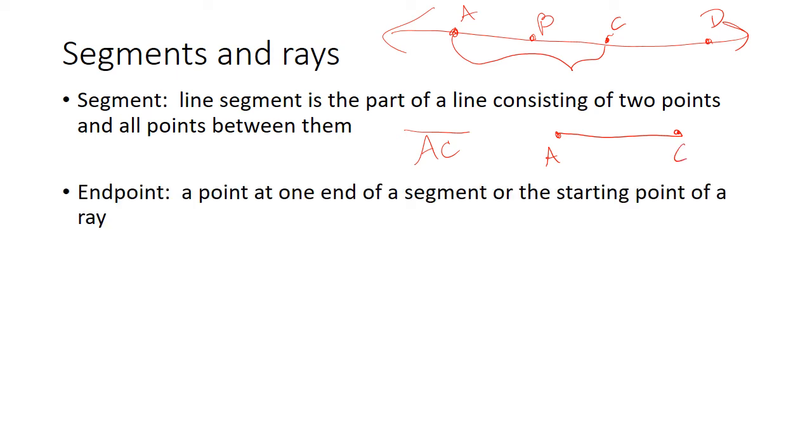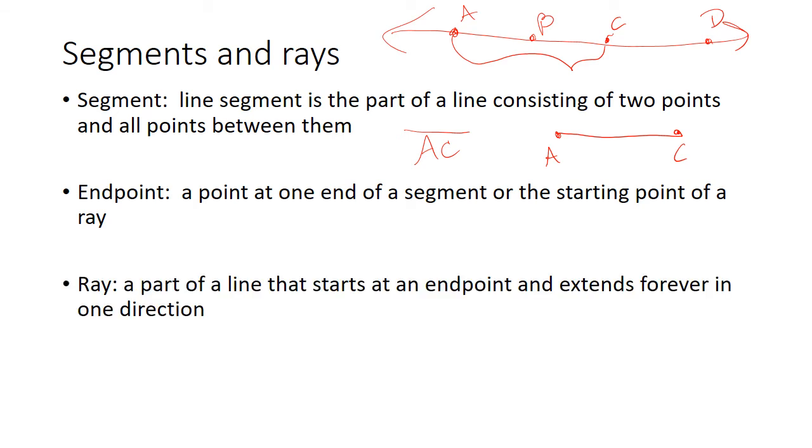So an endpoint is going to be the end of the segment, or the starting point of the segment, as well as the starting point of a ray. So an endpoint is very important. A ray is kind of a combination between a segment and a line. So we could look at this and say a ray starts at C and continues on.